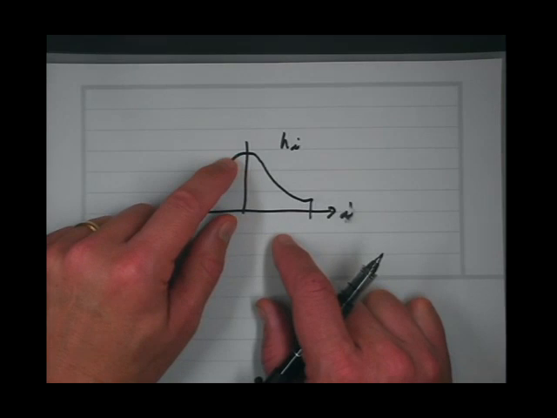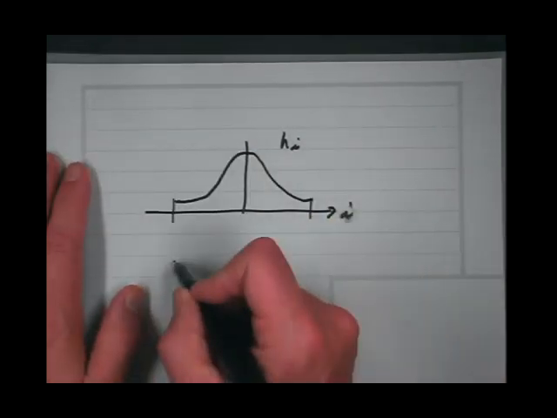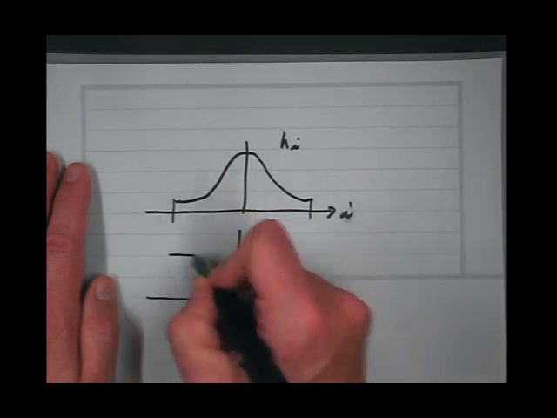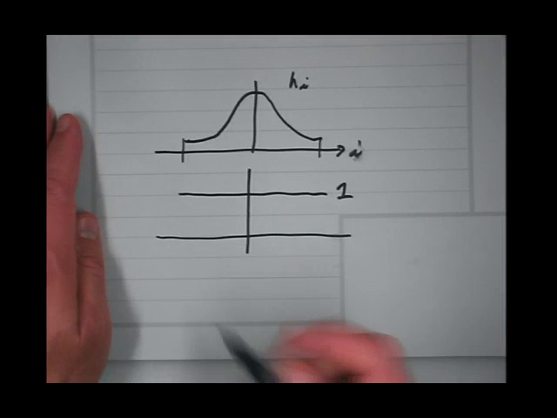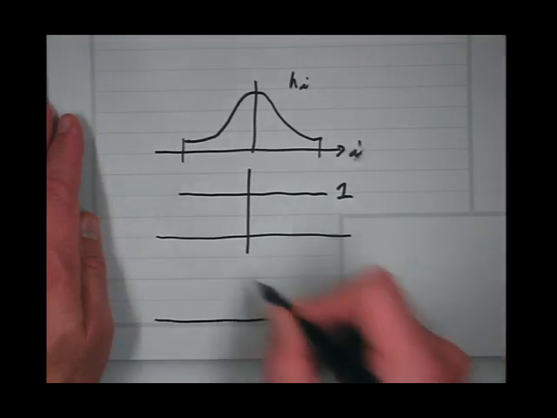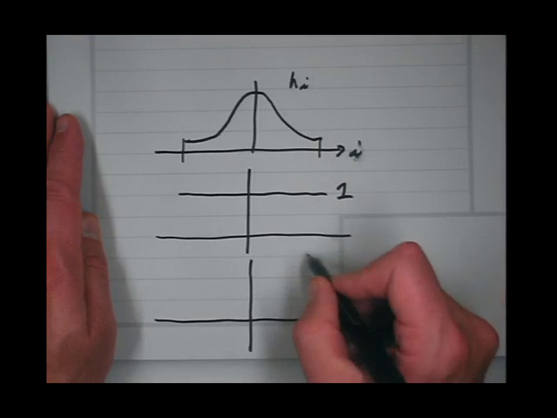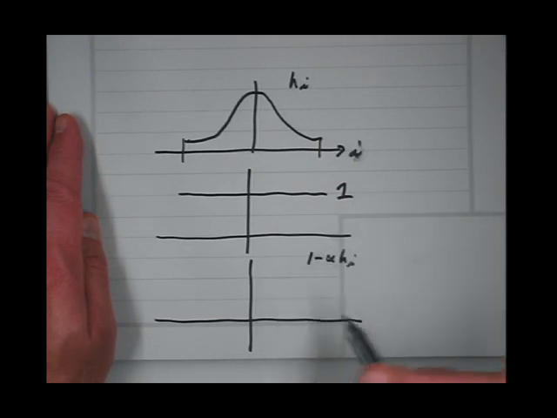Now what you want to do is subtract, and then what happens is that you have the value 1 as 1, right? And then you say, okay, now I'm going to have, this is h, this is 1, this is going to be 1 minus alpha h, right? Well, what's it going to look like?